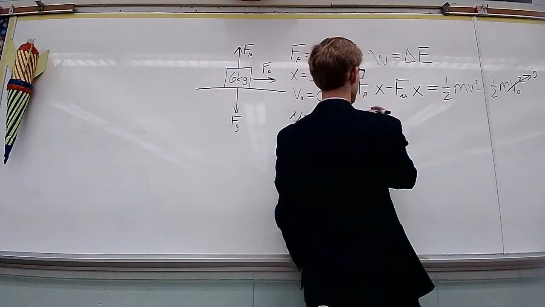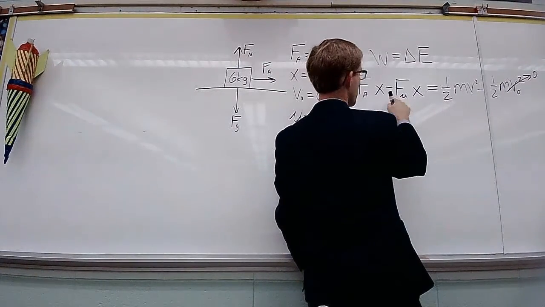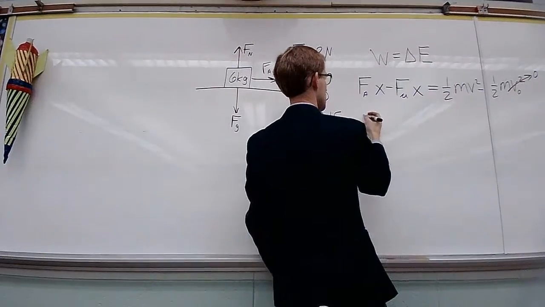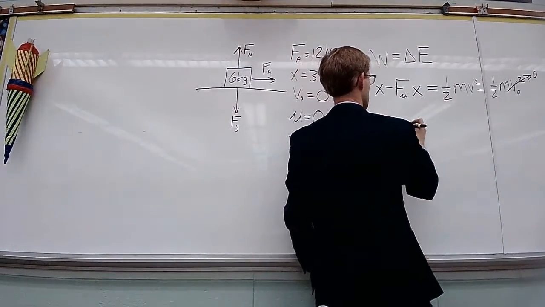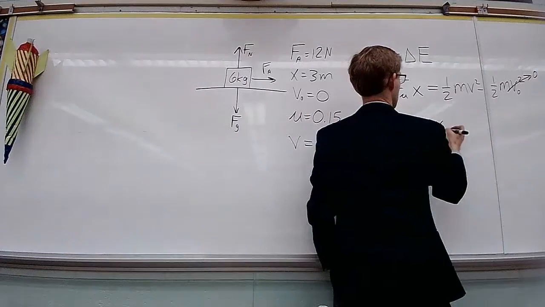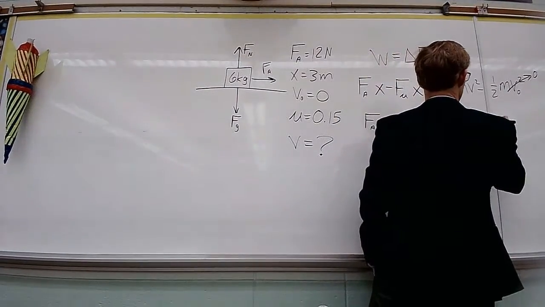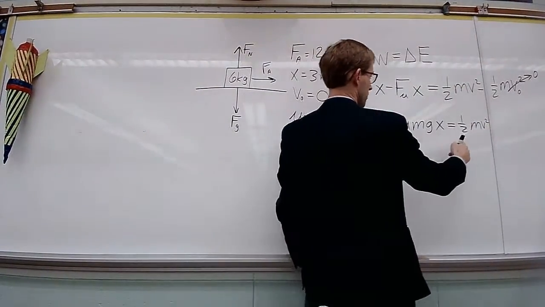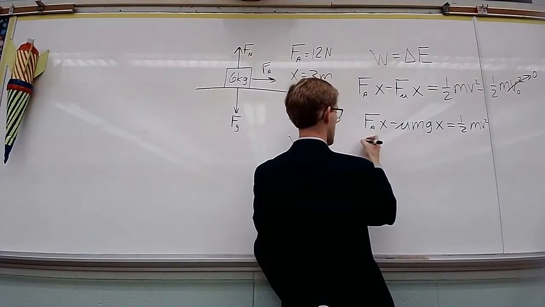So force of friction is mu mg. So we've got applied force times x. So I got to multiply both sides by 2, divide both sides by m.